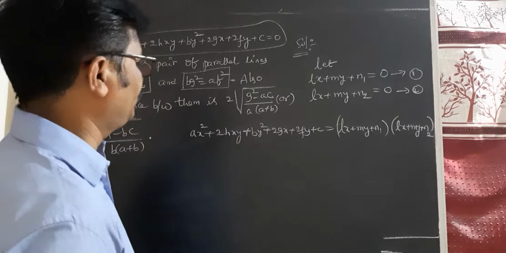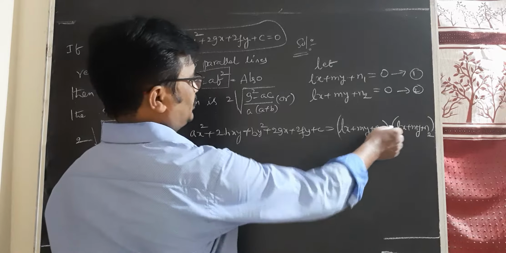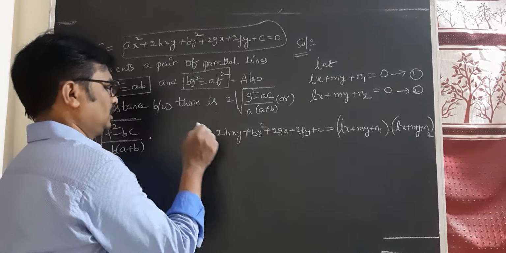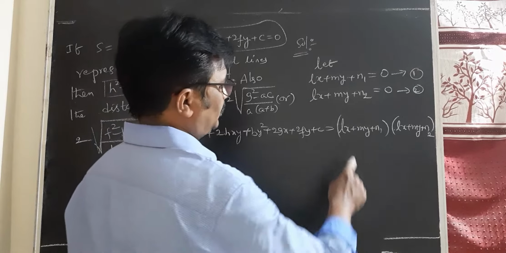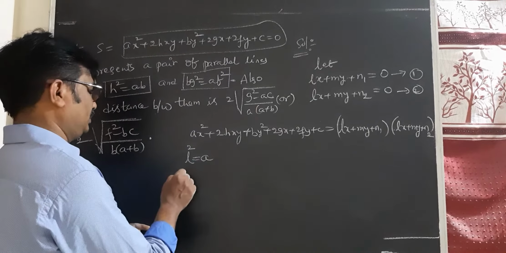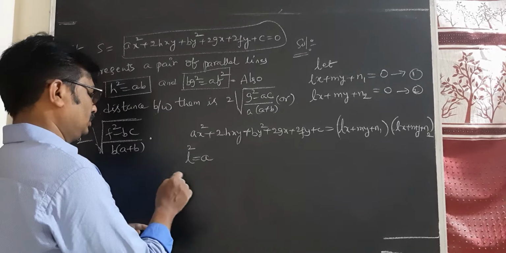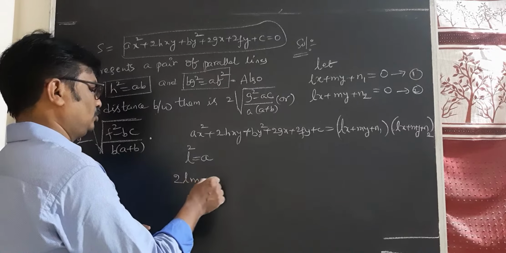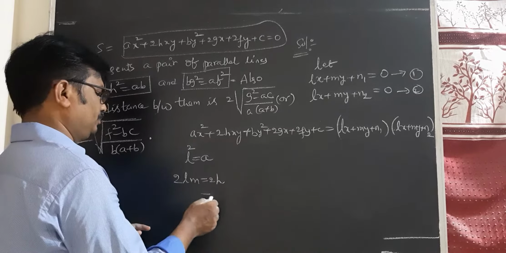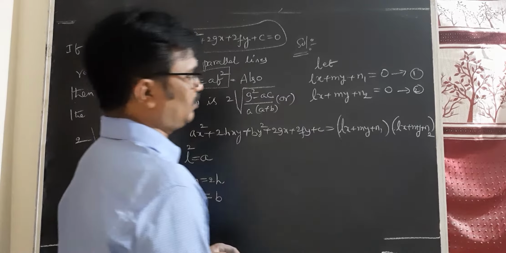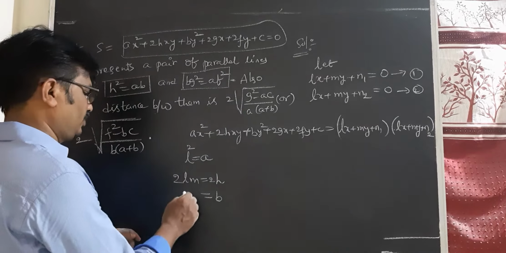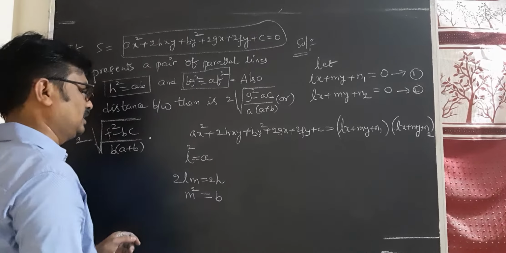The x square coefficient is lx into lx, l square. L square is a. Now the xy coefficient is lmxy, again lmxy, 2lmxy, 2lm equal to 2h. Now the coefficient of y square is b: my into my, m square y square, so the coefficient of y square is m square.